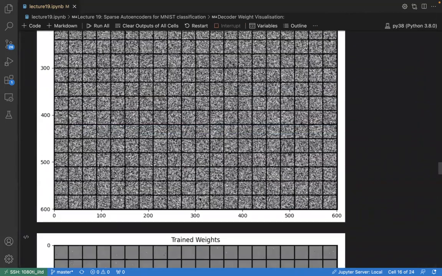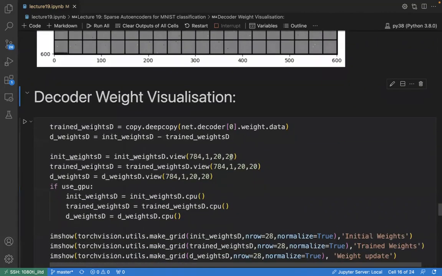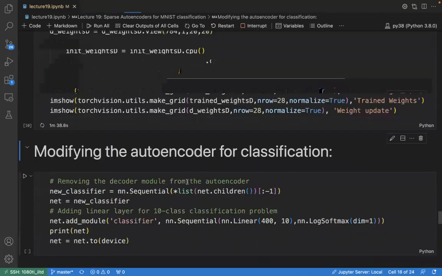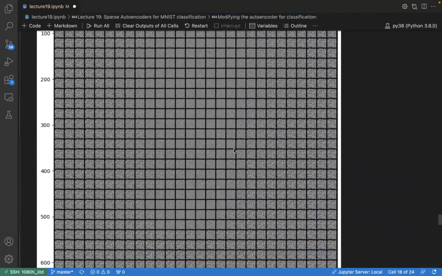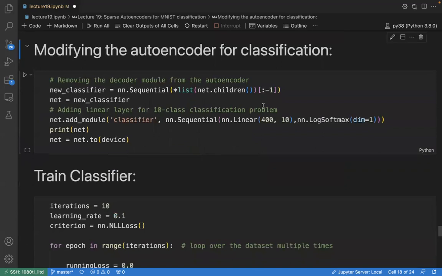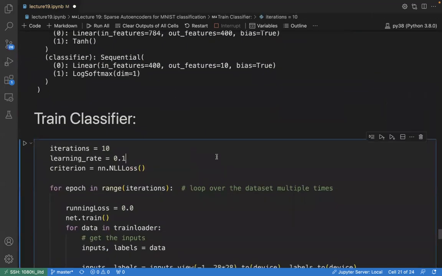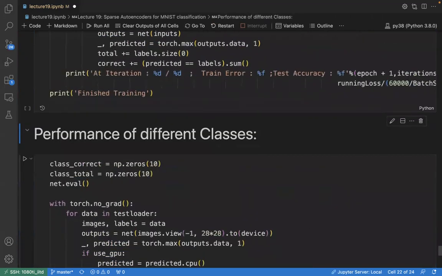Okay, this is the weight visualization and decoder weight visualization. But I don't know why they put this, since the reconstruction is not that great, I would say.